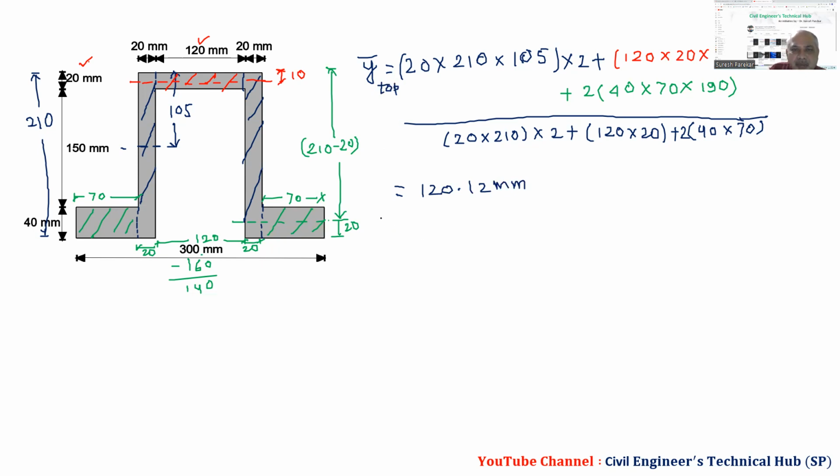And here, what value will I get from bottom? So I will write here, I forgot actually. So y bar bottom, we have total 210 minus 120.12, and we will get this value.